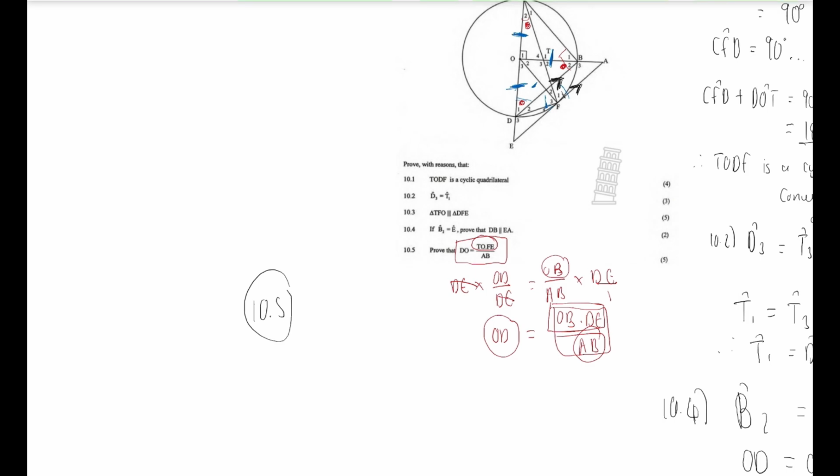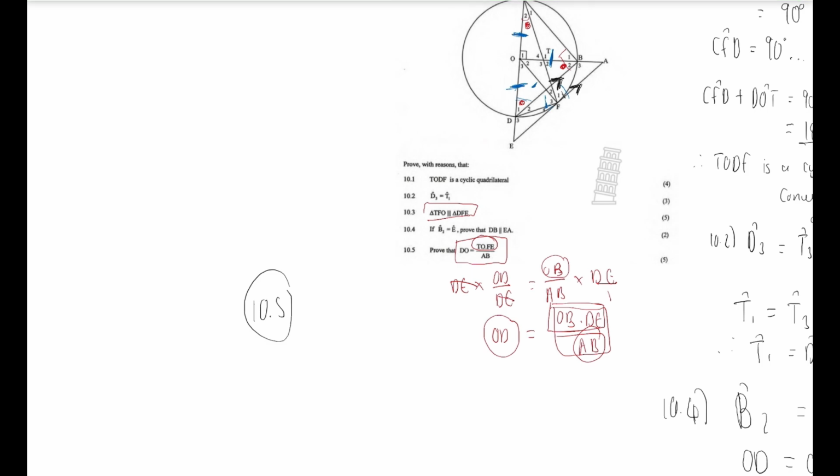But then what you have is OB times DE, which is not the same thing as TO times FE. We can solve this issue because when you do these similarity questions, you must use each and every bit of information which you have found. Remember, in 10.3 we proved that triangle TFO was similar to triangle DFE, right?